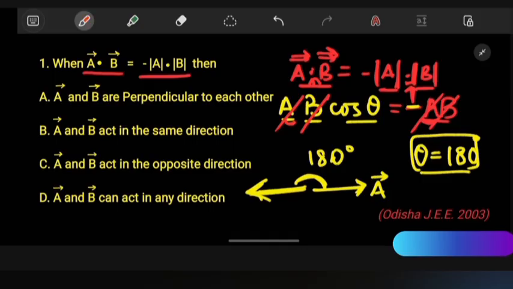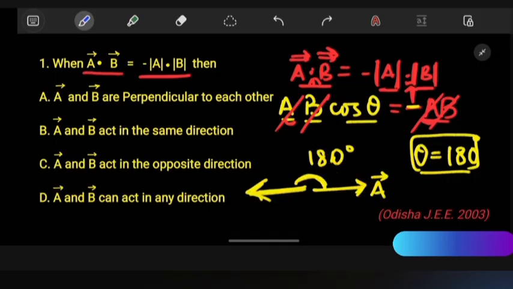How? Suppose this is a vector. If the vector would be like this, then the angle is 90. Then again increase, and when in this direction, then the total angle from this side to this side is 180 degree.